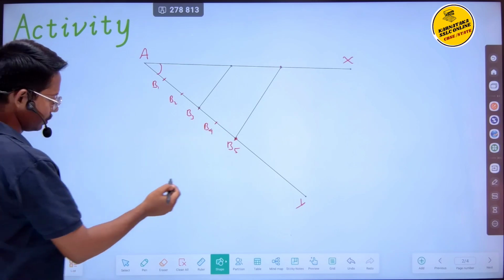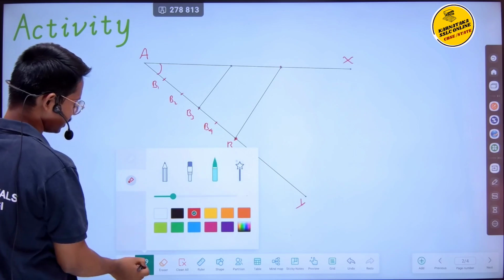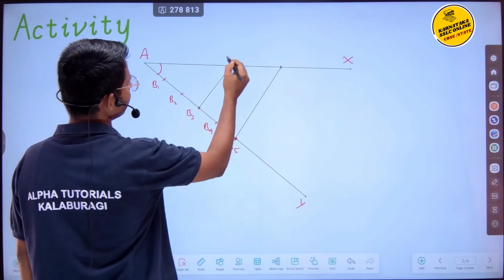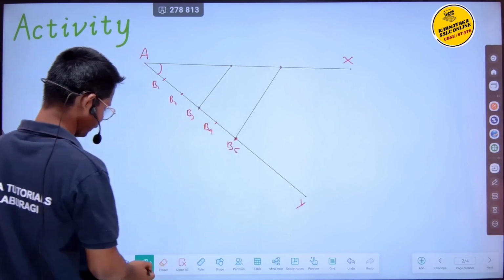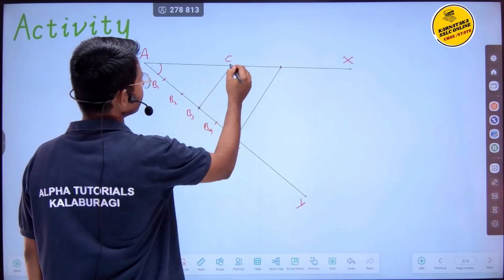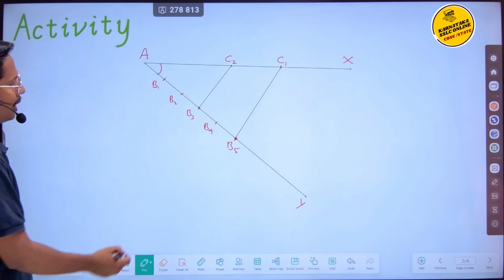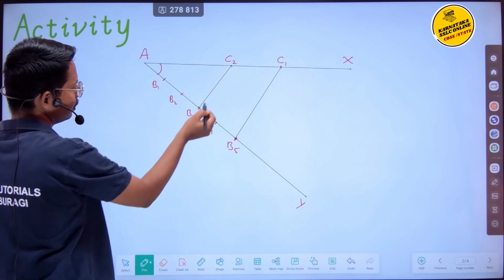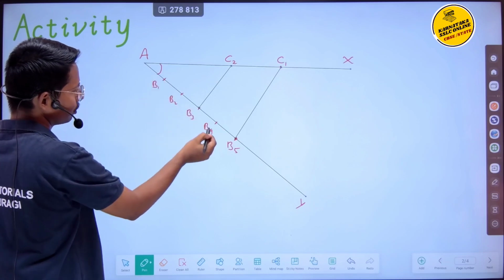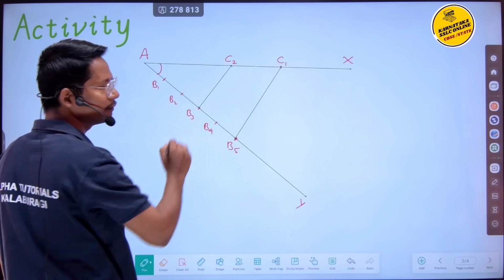Say it is C2, and the first one is C1. You have to draw lines from the remaining 4 points which are parallel to B5C1.